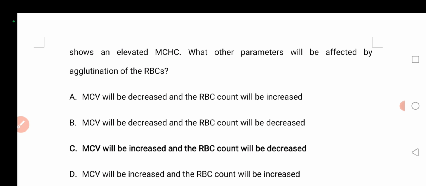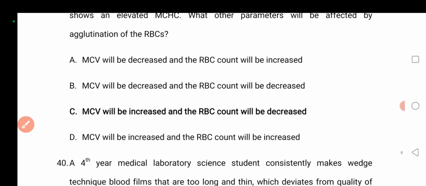The clumped cells may appear as one cell, which has a larger volume than a single cell. So MCV will be falsely increased and RBC count will be decreased because there is a clump. The number of individual RBCs will be low because they have already formed a clump. So the correct answer is C.